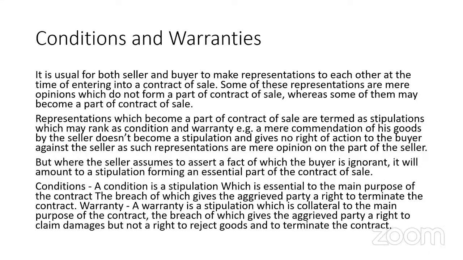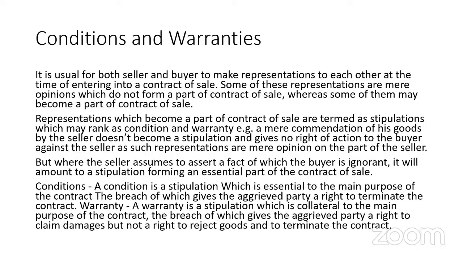These representations can be classified into two types: conditions and warranties. What is the difference between condition and warranty? A condition is very essential to the main purpose of the contract, and if a condition is not fulfilled, the other party can terminate the contract.